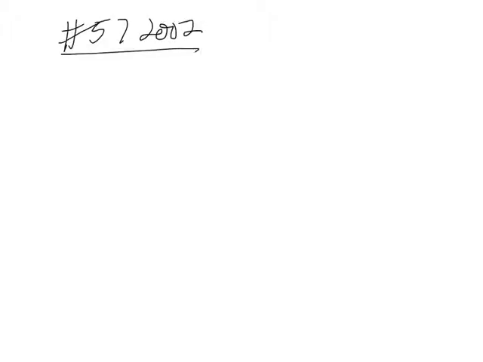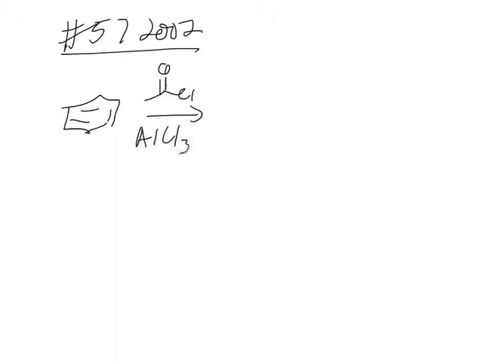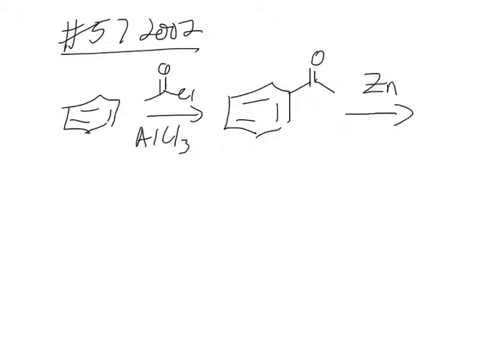Yep. Number 57, 2002. Right? And you have AlCl3. So everybody should see this and know this is an electrophilic aromatic substitution, and it's an acylation. So we put the ketone on. Right? Once we get the ketone on, we have this zinc HCl stuff, which we should all recognize as one of the 3 ways to reduce benzylic carbonyls.